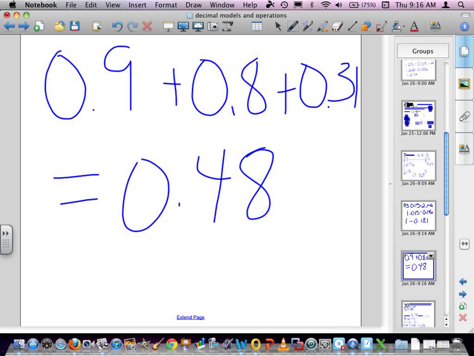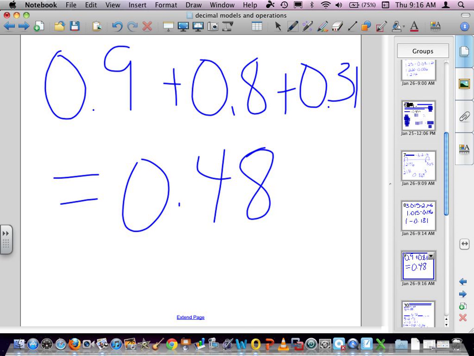What did they do? They added 31, 9, and 8, didn't they? Oh. So they didn't have a good understanding of place value. And sadly, every kid in the class did it the same way.